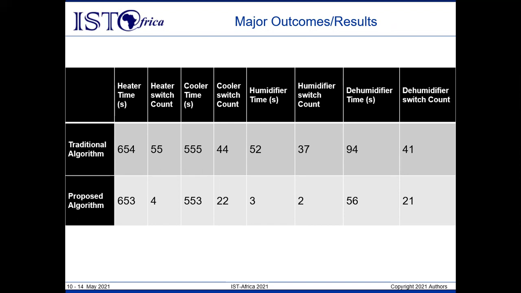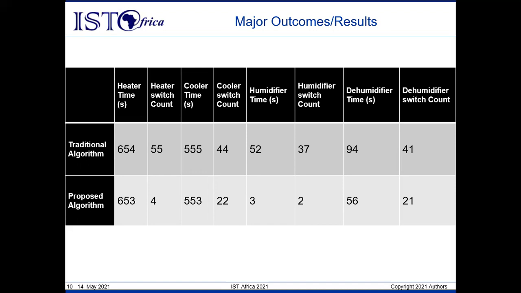We see that the traditional algorithm was switching on and off 55 times, while it only did 4 times when using the proposed algorithm. The time the cooler spent running was also almost the same for the traditional and proposed algorithm, but the number of times it was switching on and off was double when using the traditional algorithm than when using the proposed algorithm.